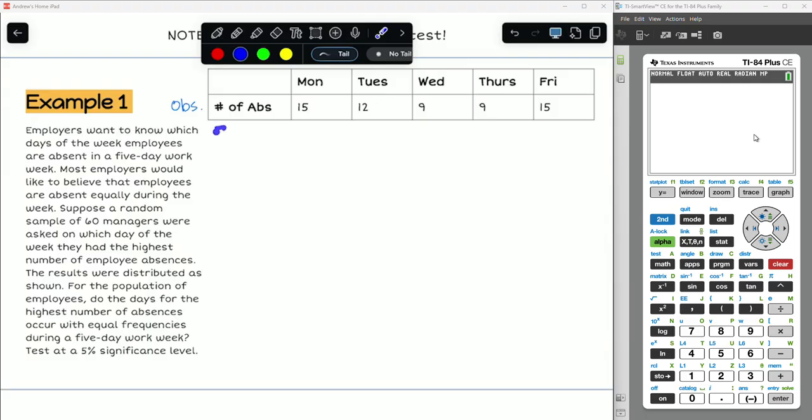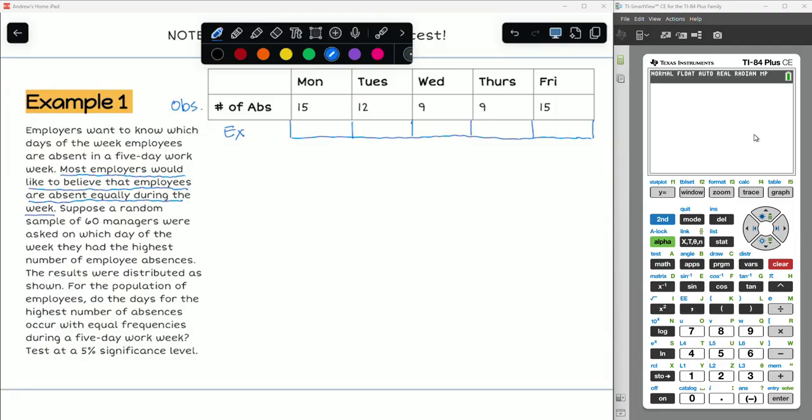I want an expected as part of my state step. So I'm going to go ahead and add a row to my table, and I'm using the information that it says most employers would like to believe that employees are absent equally during the week, meaning I should see the same peak number of absences on each day.